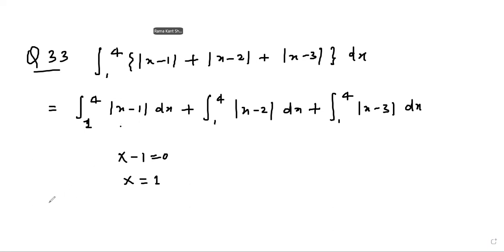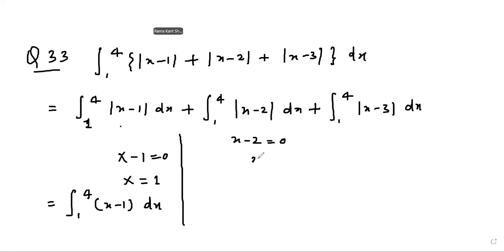So if we write it like 1 to 4 x minus 1 dx, and then we integrate, we will get the value of this. Now we can consider separately our terms. Here, if we write x minus 2 equal to 0, we will get x equal to 2. So below 2, this function will be negative. So we can split the limit like 1 to 2, then we write minus of x minus 2 dx, and then from 2 to 4 it will be positive.